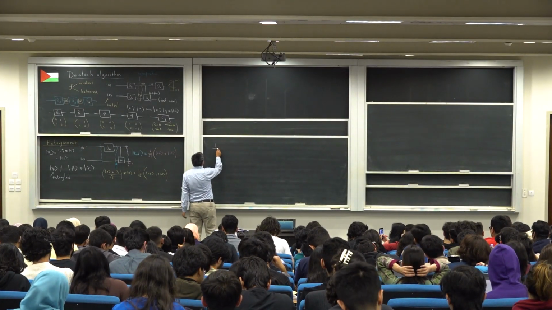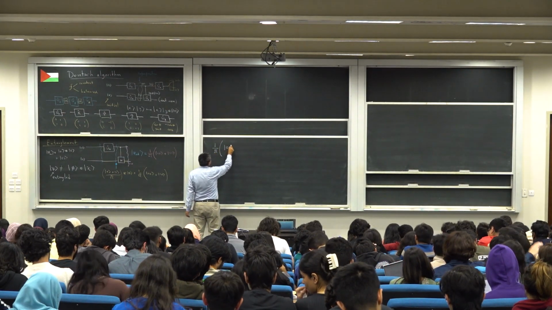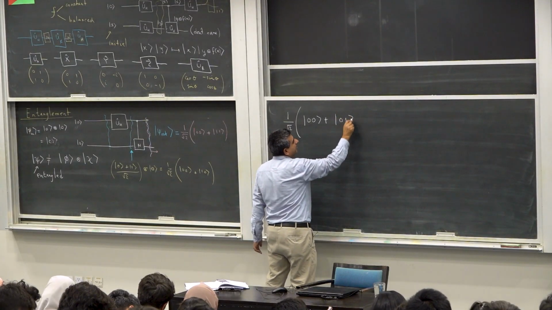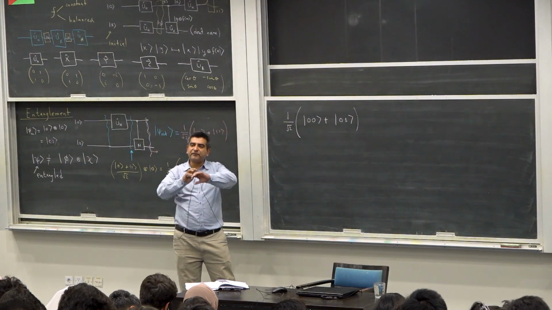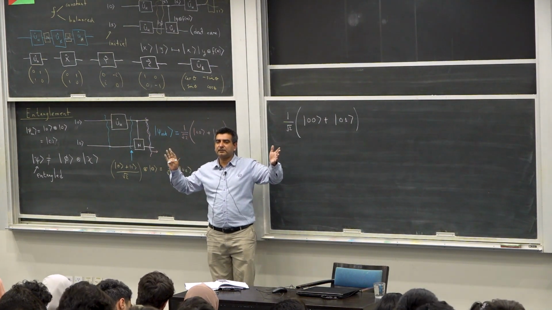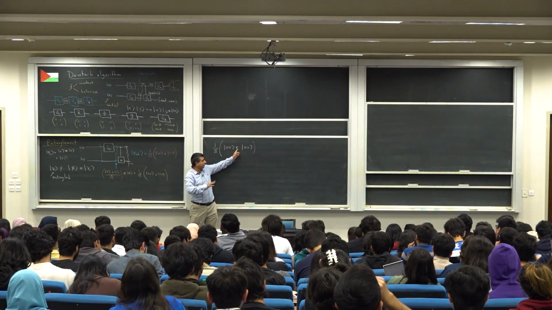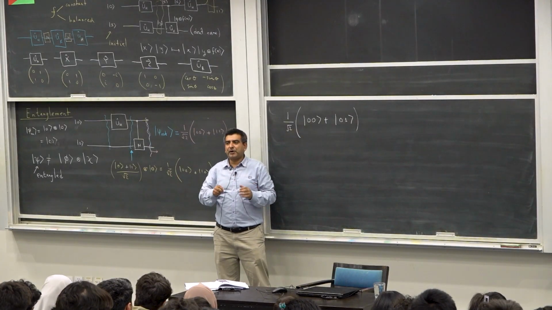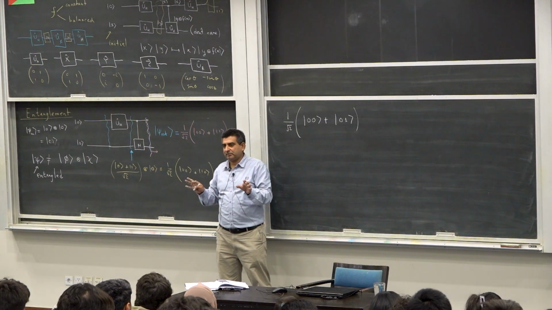Suppose I write a quantum state 1 over root 2, a normalization constant, ket 0 0 plus ket 0 1. Now I can factorize this. First of all, is this a 2 qubit state? 2 qubit. It's a superposition state as well because of this sign over here. Now what I could do, I could factorize out the character of each qubit.